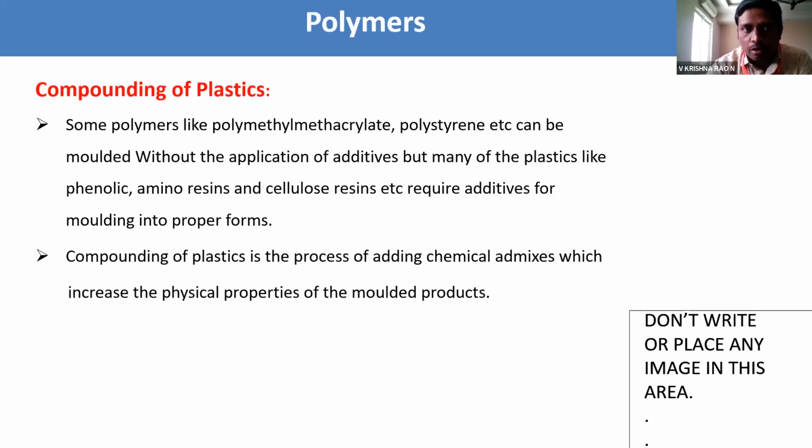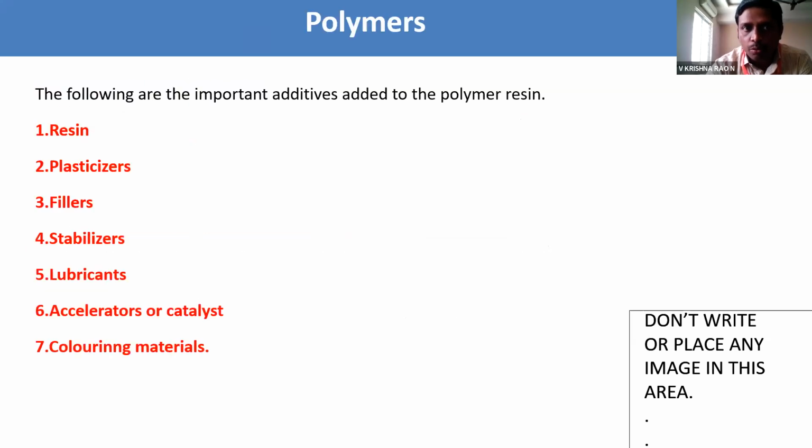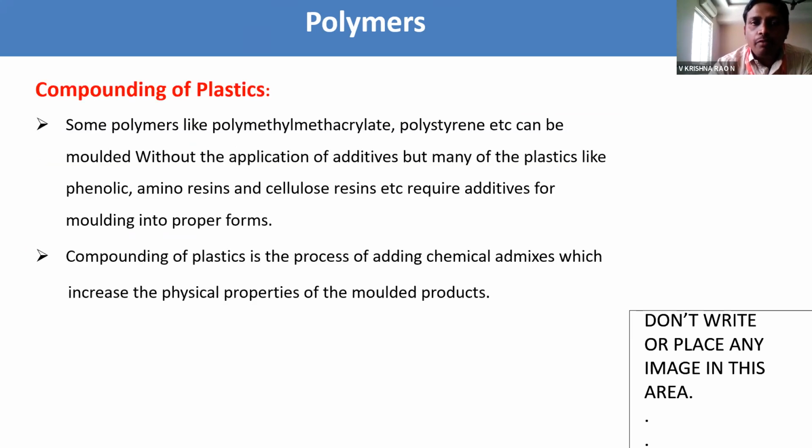Next, we'll discuss the compounding of plastics. How are we going to make it? What are the additives added to polymer resin so we can shape them into the desired form?